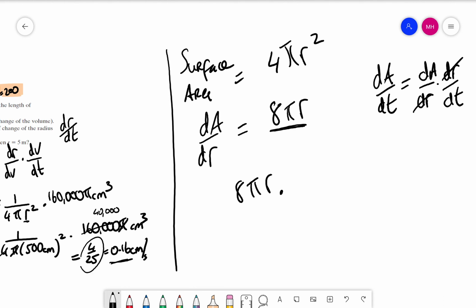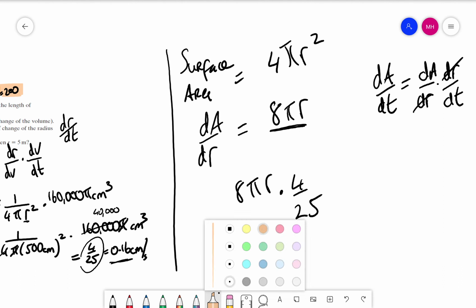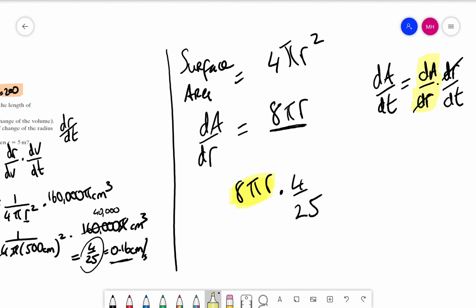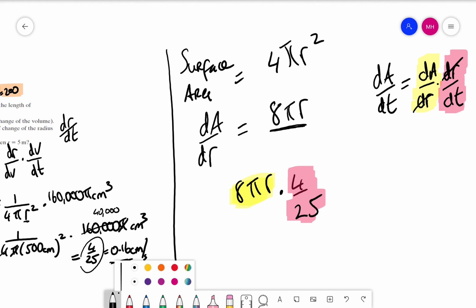I'm just going to use 4 over 25. So, just to make sure it's clear, dA/dr is that, and dr/dt is this here, and that's why we multiply those two things.